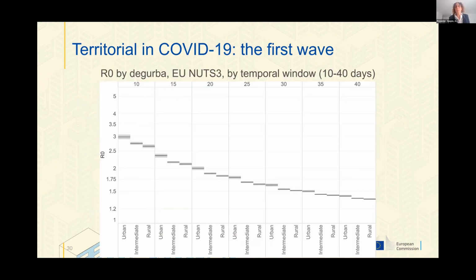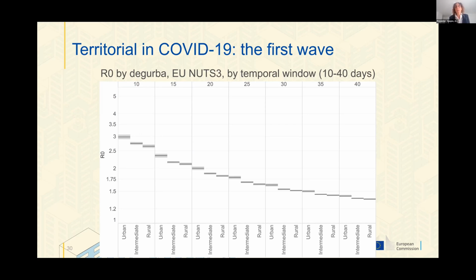We've seen the importance of territorial differences, for instance, in the spread of the COVID-19 virus. I'm sorry, we always have to go back to COVID-19 in whatever we do.